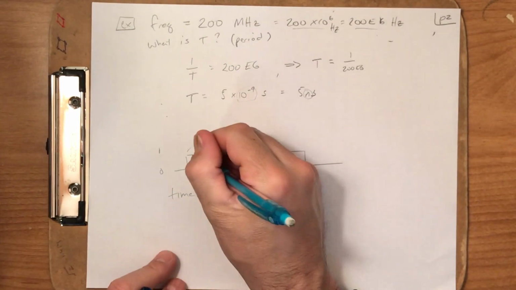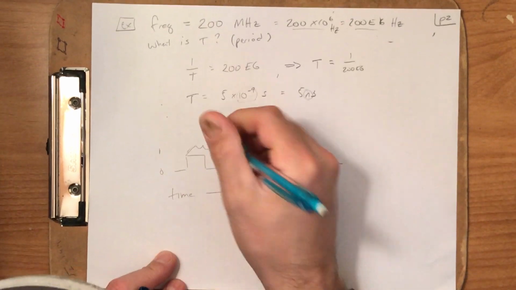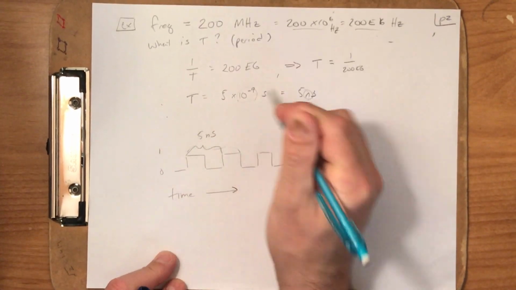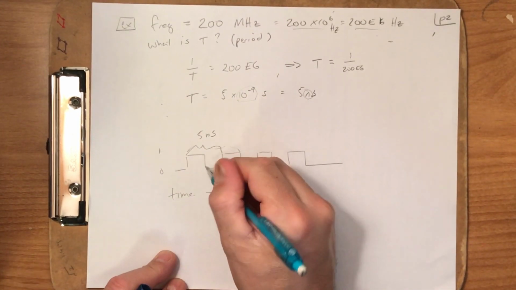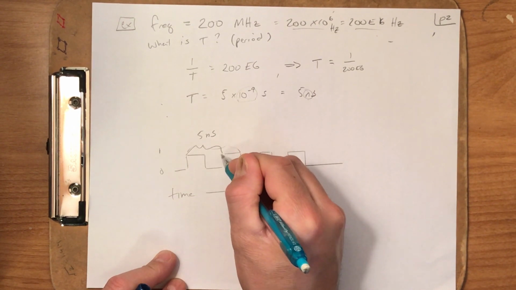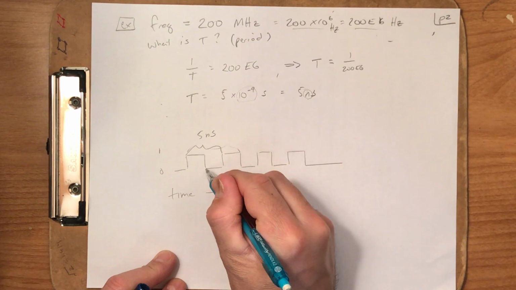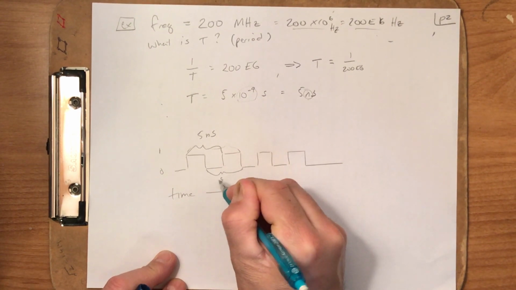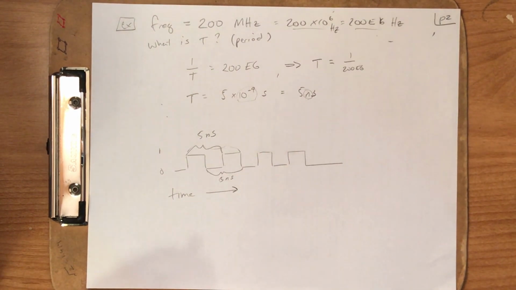Time between two rising edges, or the time between two falling edges. This is rising, it's going from 0 to 1. This is going from 0 to 1. Or right here, two falling edges.